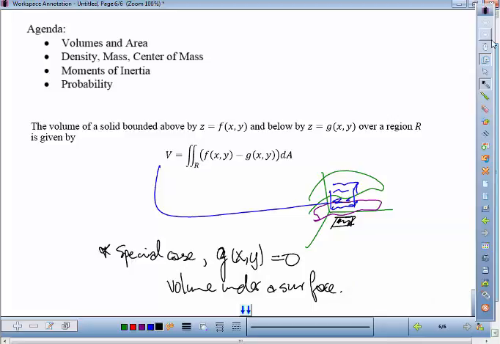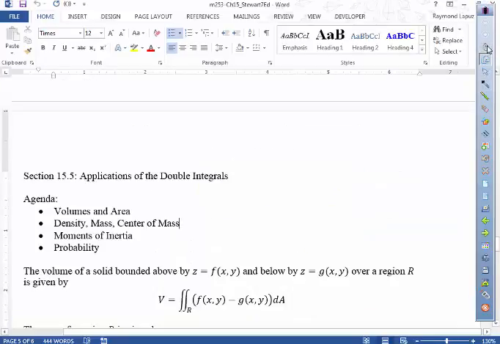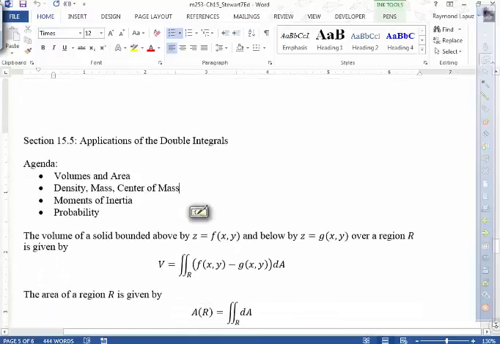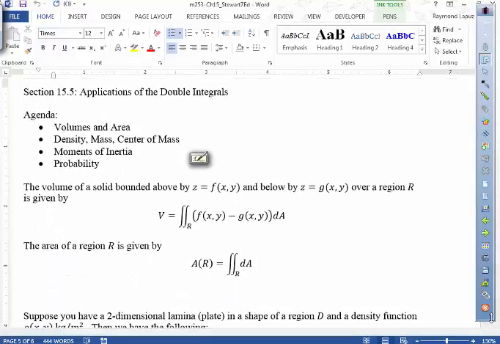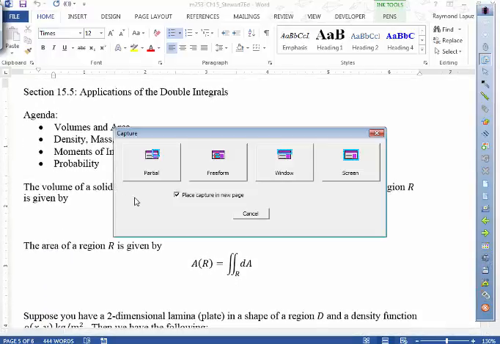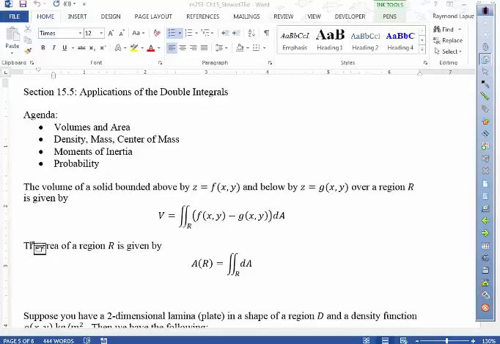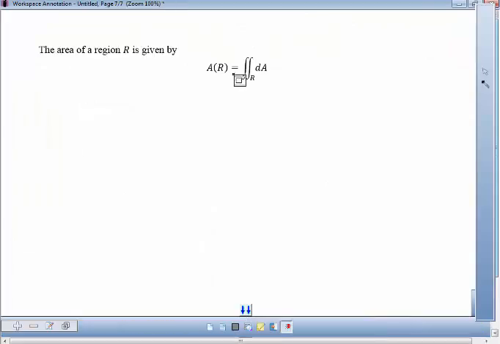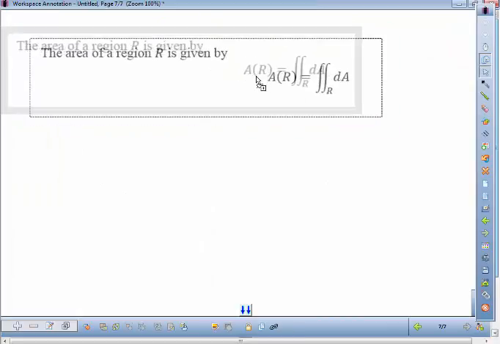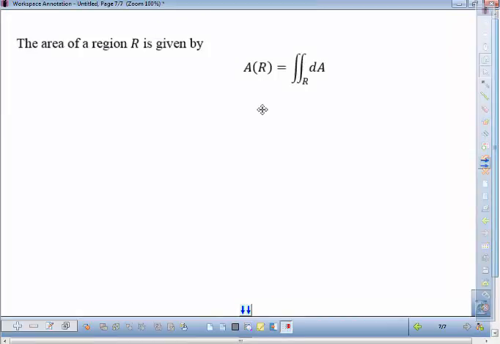But if we have an area, we can imagine finding the double integral if we let the function be equal to 1. That's kind of a strange thing to do, but it turns out that it becomes a useful tool for us.